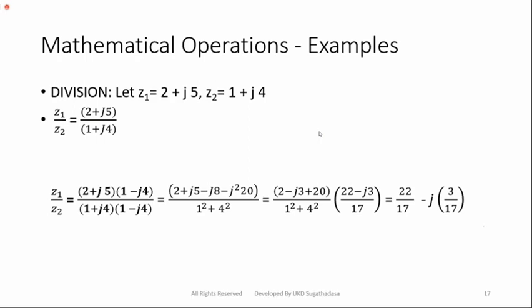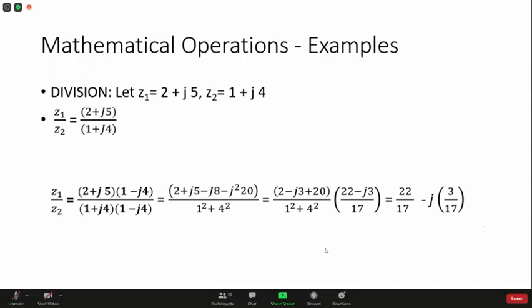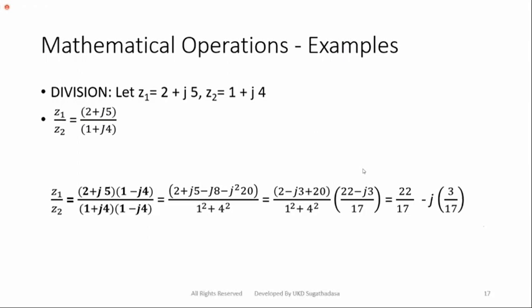When you simplify, you get the final answer 22 upon 17 minus j times 3 divided by 17. You won't get integer answers every time. When you divide complex numbers, usually you get a rational form of the real part and a rational form of the imaginary part. 22 upon 17 is a rational number, but it is a real number, right?